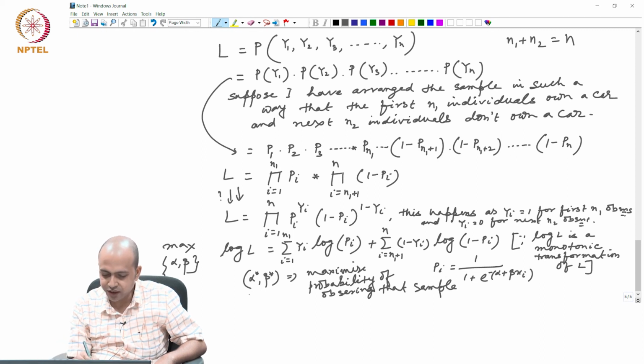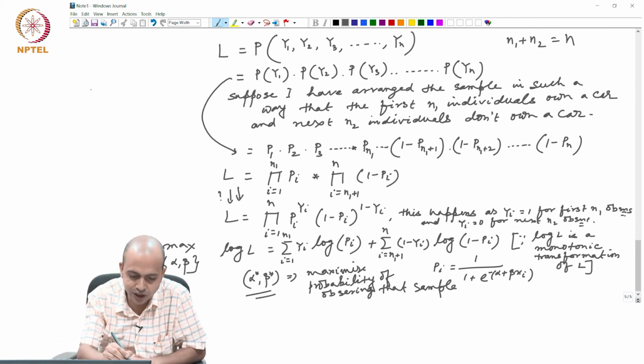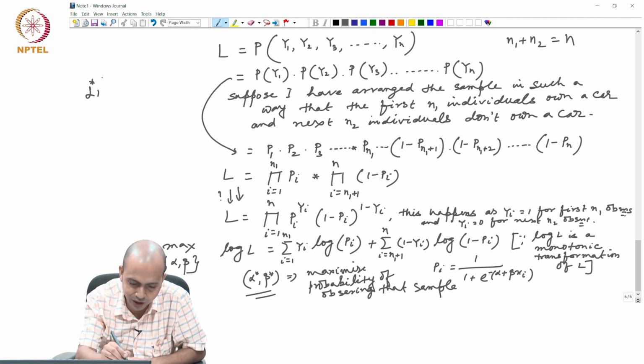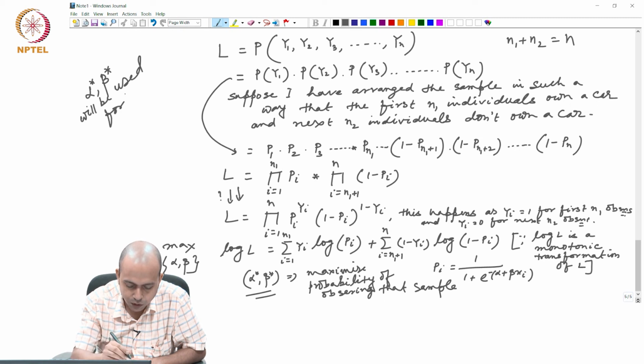So, I will take that particular alpha hat and beta hat. So, that means alpha hat and beta hat will then be used for inference making.